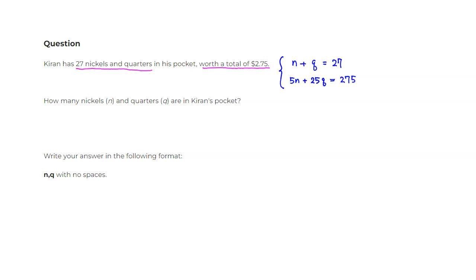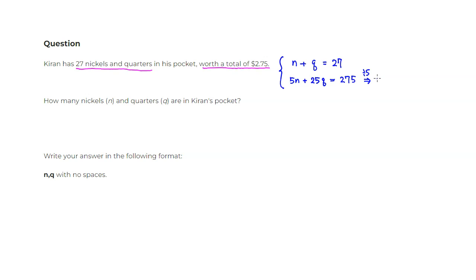First, I don't like big numbers, and it looks like 5, 25, 275 are all multiples of 5. So I would actually divide everything by 5.